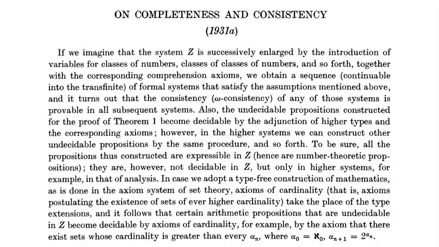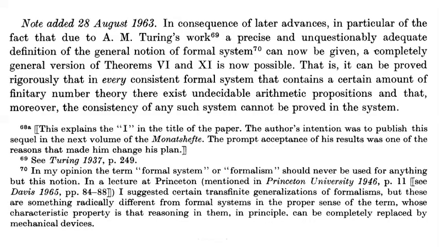In any case, he changed his mind later on. He added to the paper a note in August of 1963 saying the following. "In consequence of later advances, in particular of the fact that due to A. M. Turing's work, a precise and unquestionably adequate definition of the general notion of formal system can now be given, a completely general version of theorems 6 and 11 is now possible.